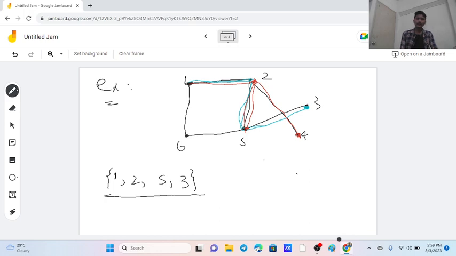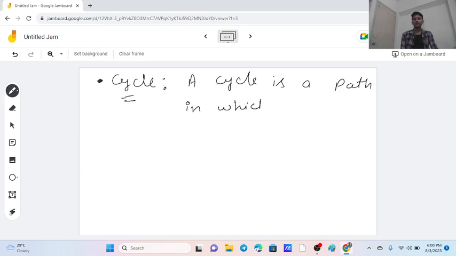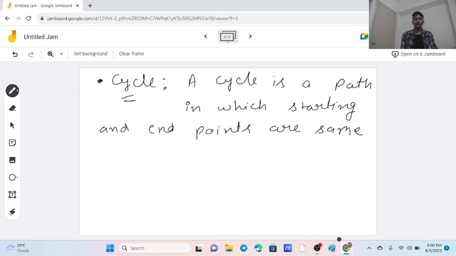And what is a cycle? By the name you can understand what a cycle is. A cycle is a simple path in which the starting and end points are connected, or you can say these points are the same.